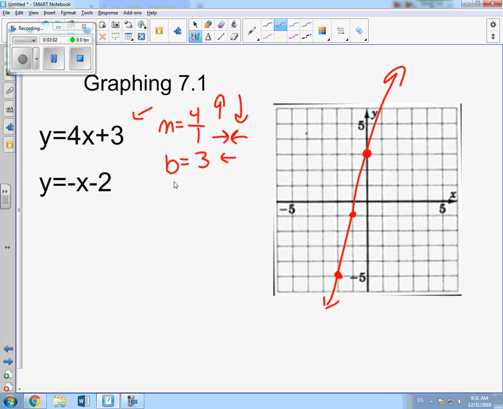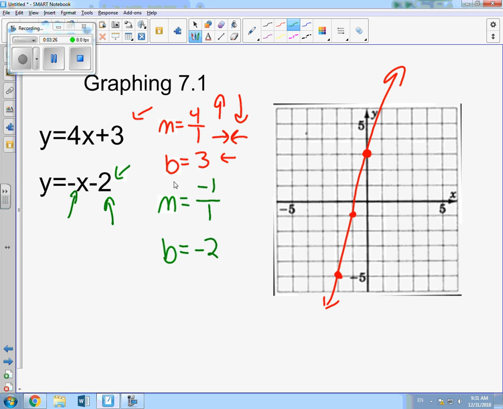So we did graphing the first line, so let's graph the second line. I'll do this all in green so we can tell the difference. Since there's no number in front of x, we're going to say a 1. But since it's a negative x, we're going to say it's a negative 1 over 1. I'm going to say our b here is negative 2, because this number is negative 2.